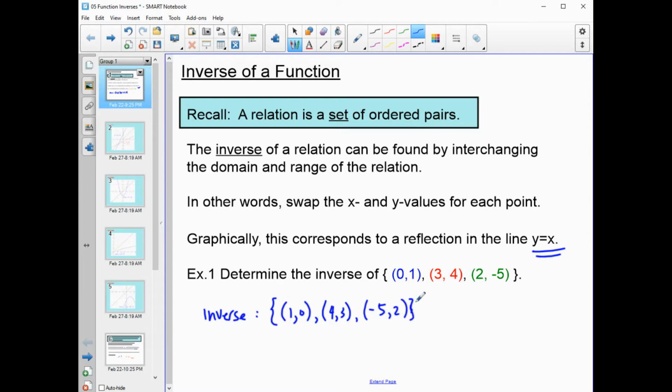Now, I could plot these on a graph and show them to you, but it wouldn't really demonstrate this idea of a reflection in the line y equals x very well. So I'm actually going to go through a number of graphs and just quickly show you that idea of the reflection with some pre-generated stuff that I've already prepared for you.